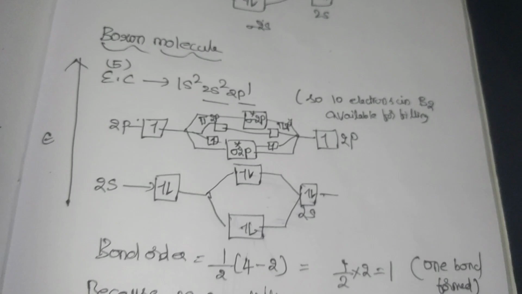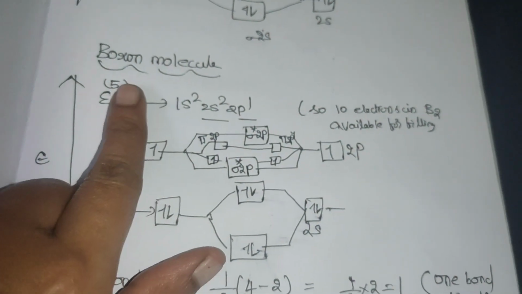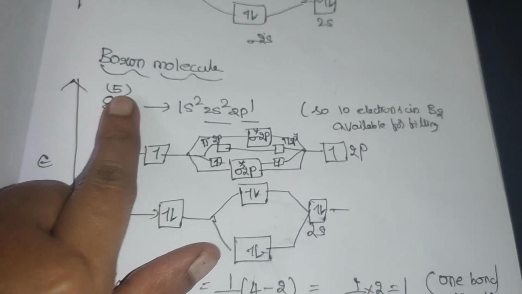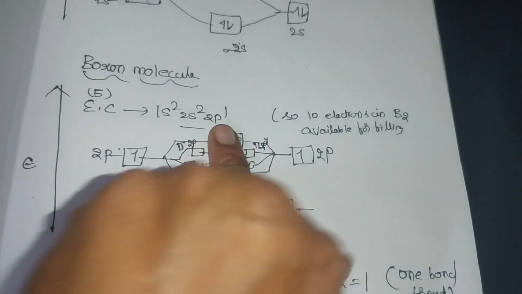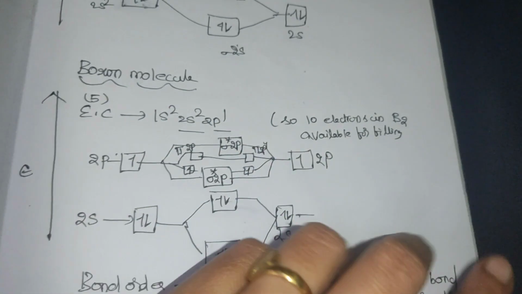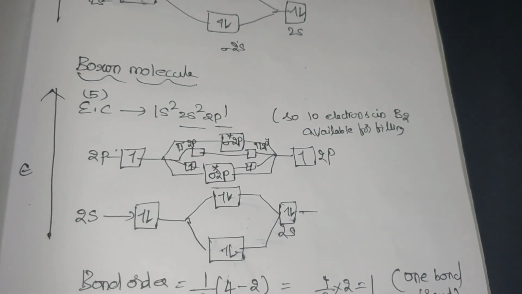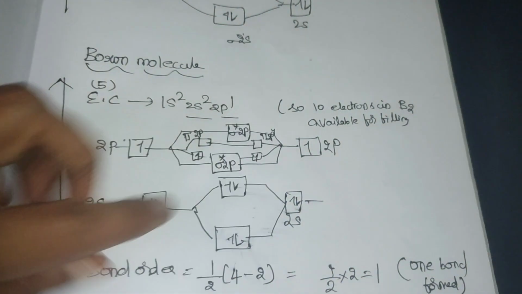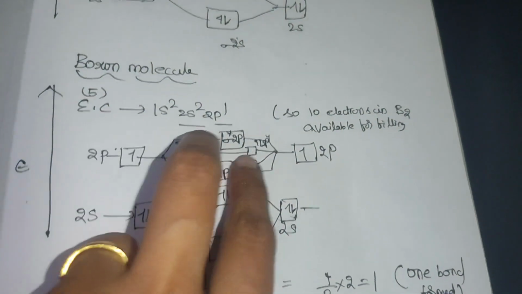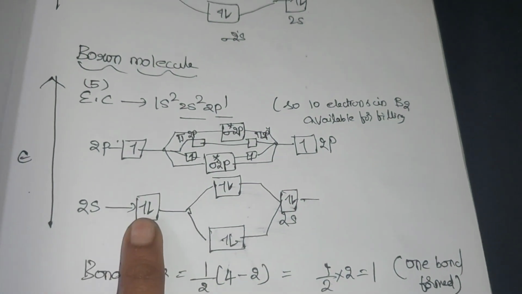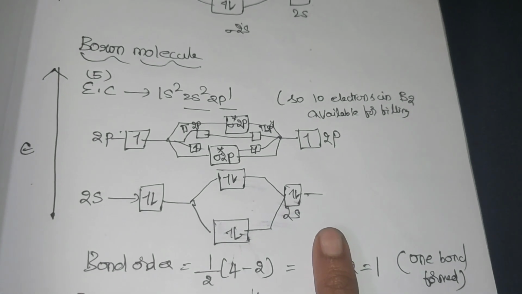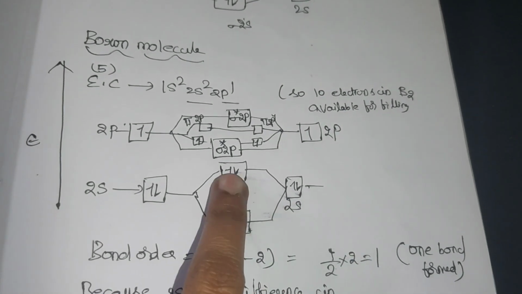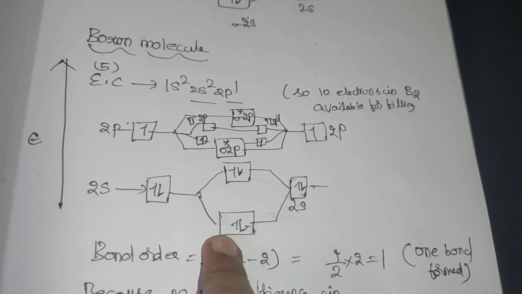Next is the boron molecule. Let's see. Its atomic number is 5, so the electronic configuration is 1s2, 2s2, 2p1. So 10 electrons together take part in the filling process. The 2s and 2p outer shells are taken, so the 2s2 with the 2s of another boron form bonding and anti-bonding molecular orbitals.